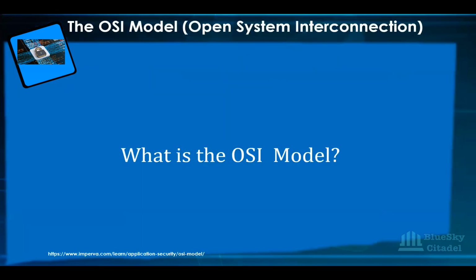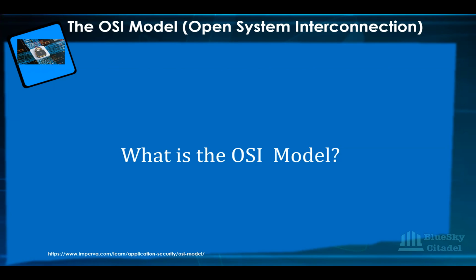Now let's have a look at the OSI model, the Open Systems Interconnection. I remember those days. If you wanted to learn about computers, you got that textbook, and you saw this OSI model facing you. I'm sure when you see that image now, some of you will remember that you've seen it before. The OSI model has 7 layers that computer systems use to communicate over a network.